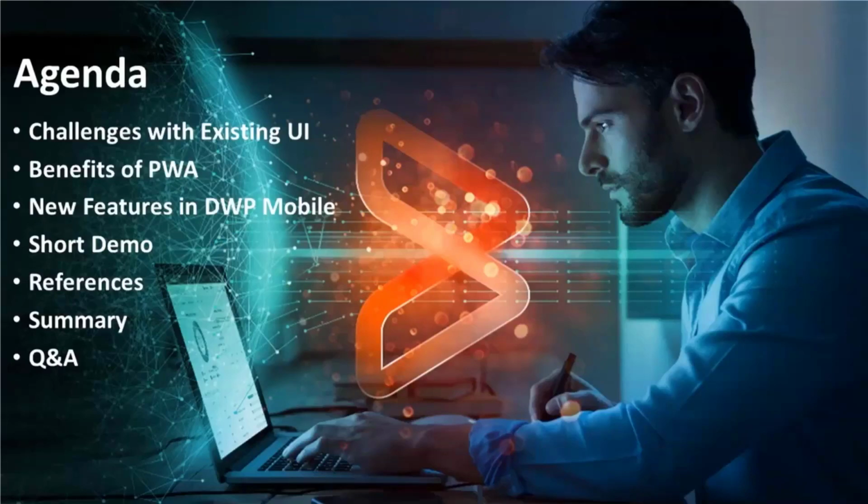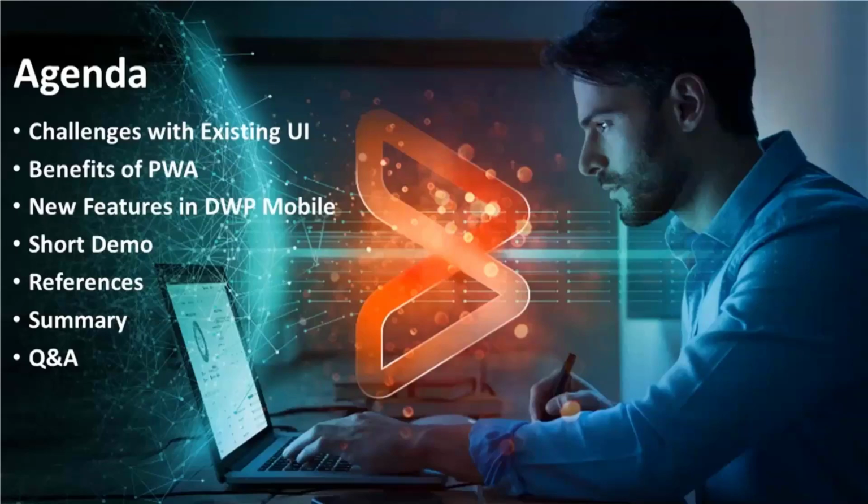Then the benefits that the PWA can offer us, and solving some of the challenges, new features and capabilities that are available in the Digital Workplace mobile app, followed by a short demo of some of the changes that are in the new UI. Then I'll also mention some of the references that I've used for this presentation. We'll summarize it and then take up some live questions, if any.